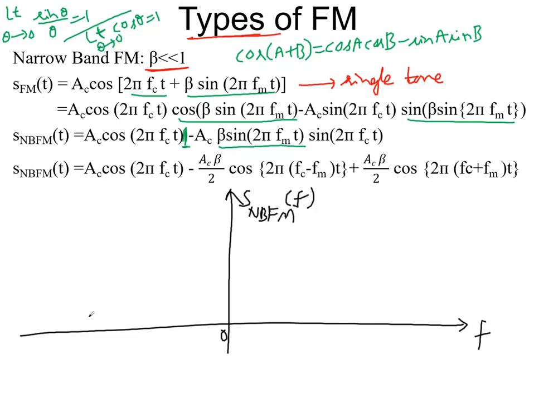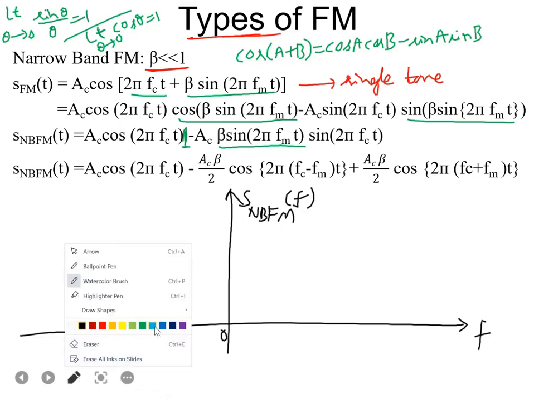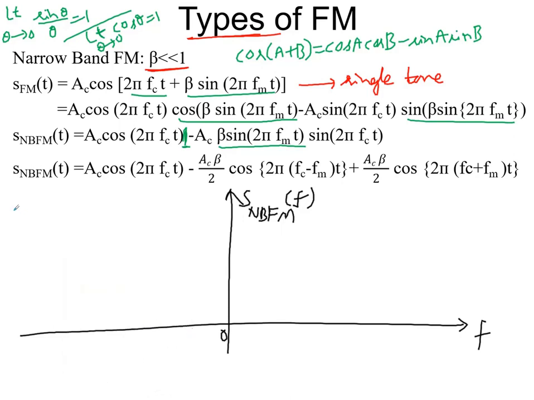Now our basic fundamental concept is this: we know a naught cos 2 pi f naught t. From our signals and systems, you know its Fourier transform. It is a naught upon 2 delta of f minus f naught plus delta of f plus f naught.